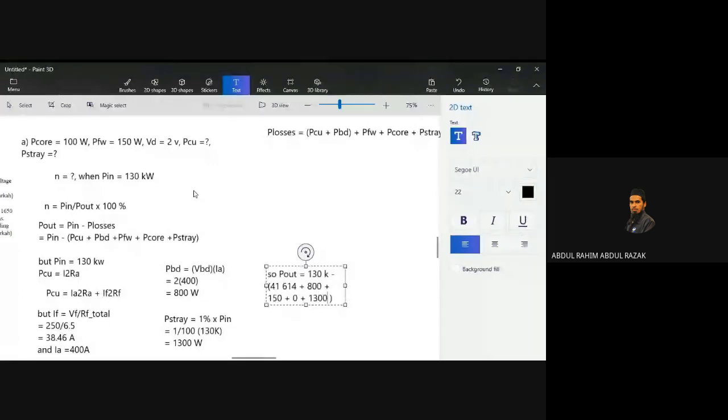Brush drop 800. P core, yeah, P core is given on the whiteboard. So how much is the amount?